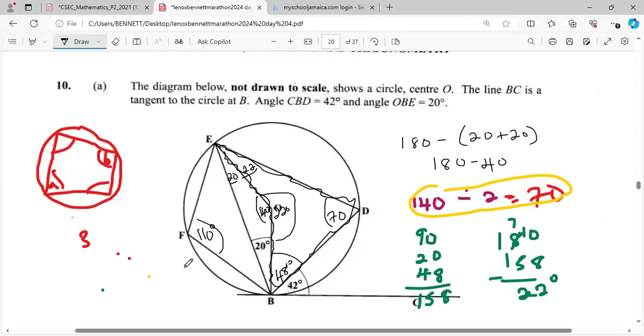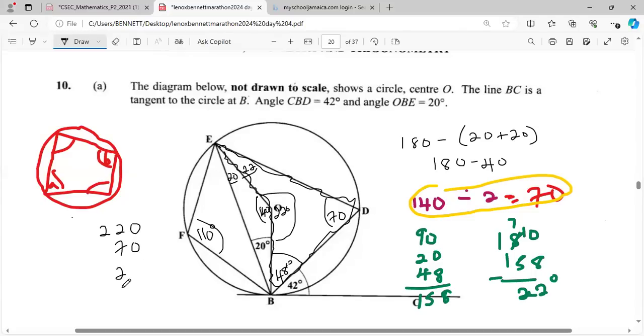Somebody calculate and add it up for me, please, just to check if it comes back. 220, the 48, the 70, and the 22. 360, sir. Alright, that is it. So it proves it's correct, guys.